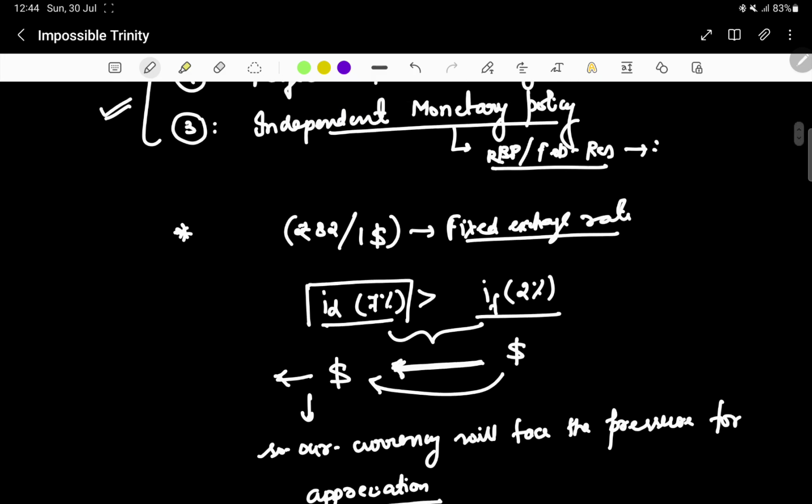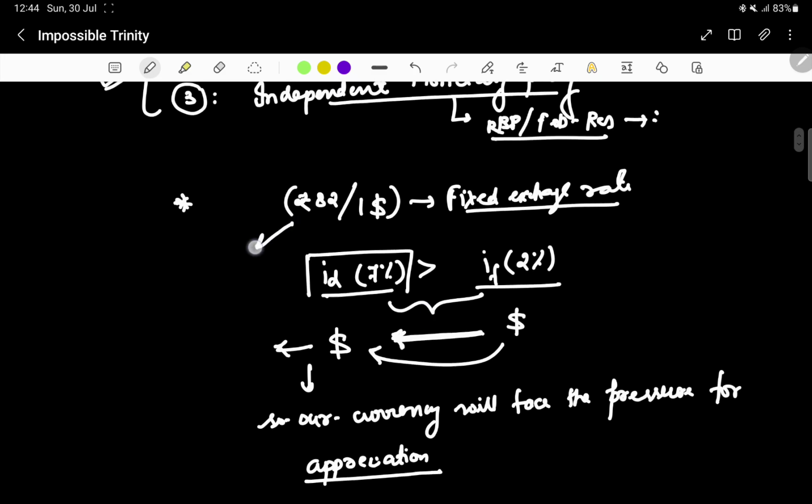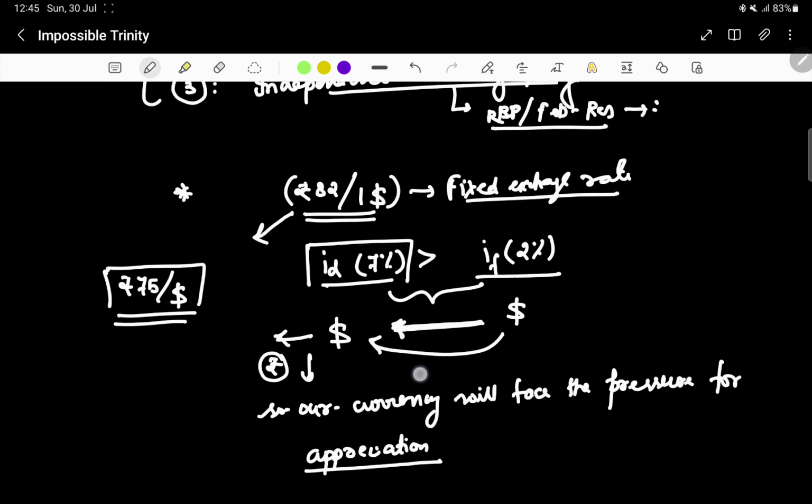That means there would be pressure for the value to come down, let's say to 75 rupees a dollar. If the market is left alone, and the interest rate differential is such that dollars are coming to our country and demand is there for the Indian rupee, then it is possible that our currency gets appreciated.